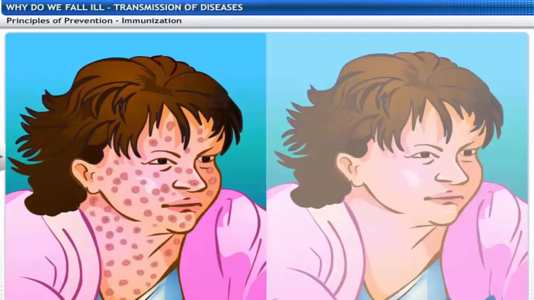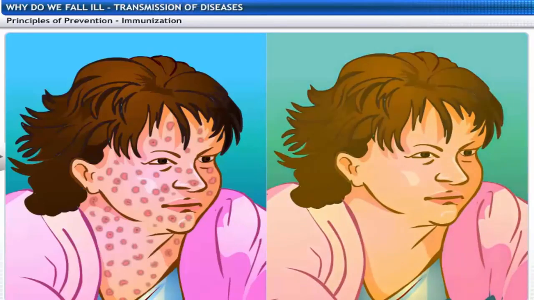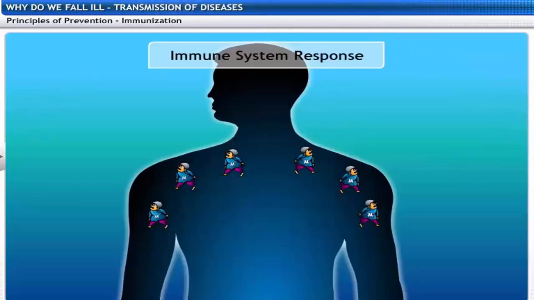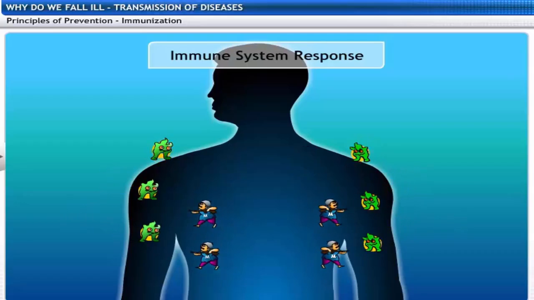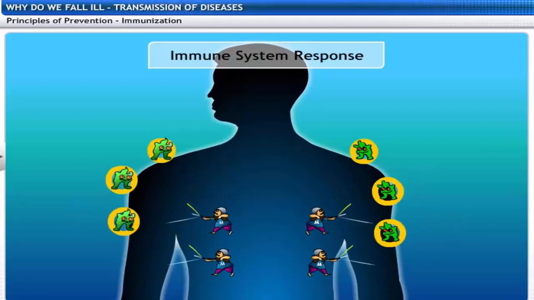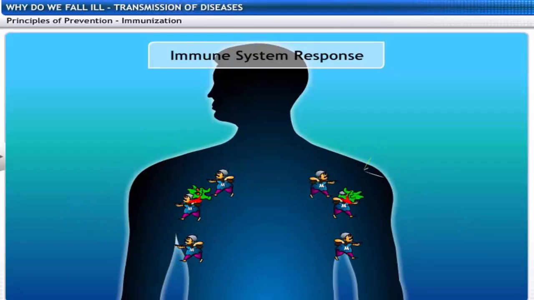We already know that if a person has smallpox once, there is very little chance of suffering from it again. Remember, I said this happens because when the immune system first encounters an infectious microbe, it responds against it and remembers it specifically by producing memory cells.